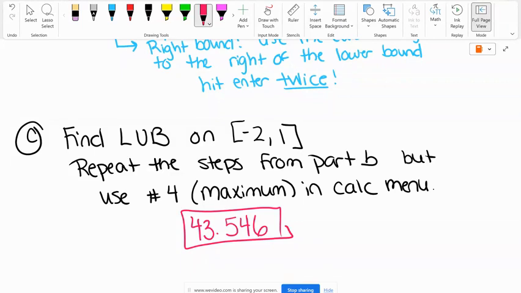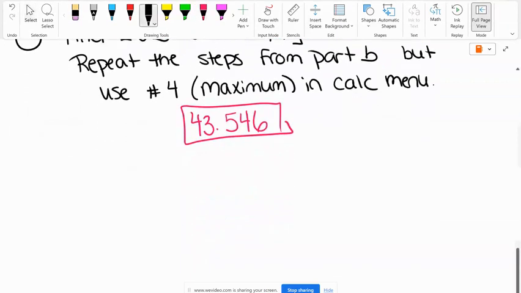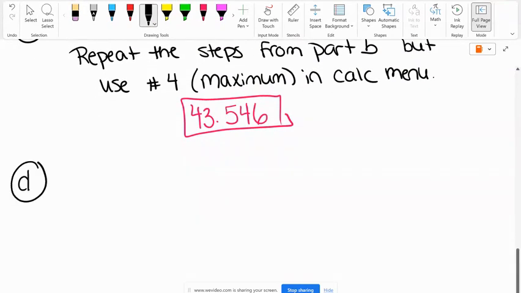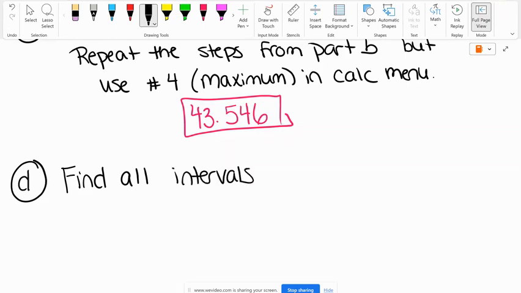Okay, next part. This one's going to be a little bit of work. So we want to find all intervals when f is increasing.